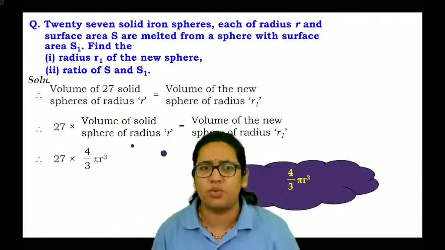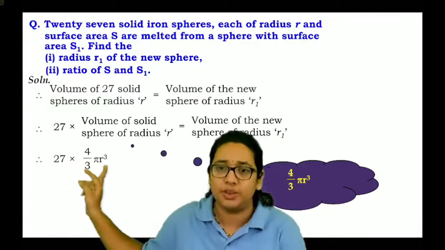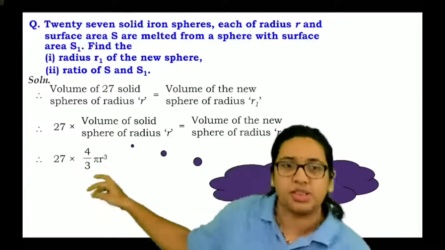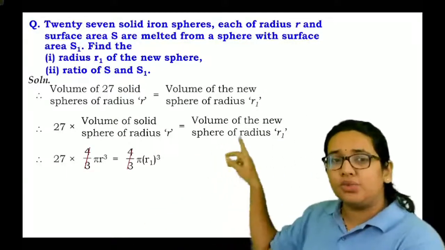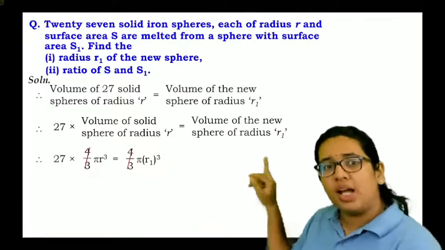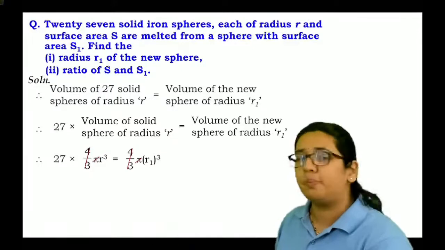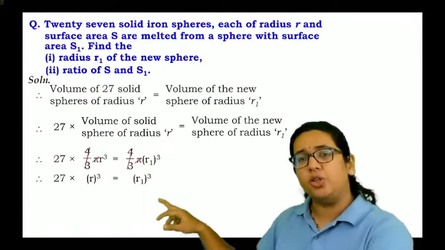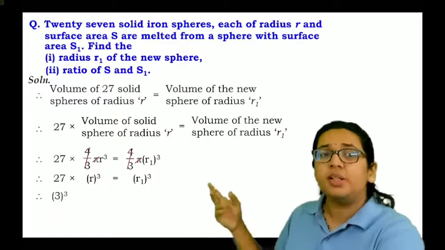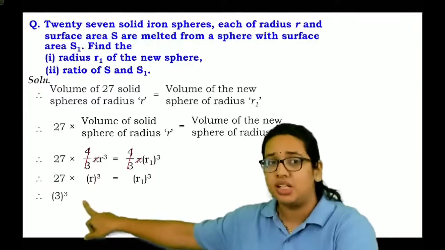But we know that volume of a sphere is nothing but 4 upon 3 pi r cube. Hence, 27 into 4 upon 3 pi r cube is same as 4 upon 3 times pi into r1 cube. So 4 by 3, 4 by 3 will get cancelled, pi will get cancelled, and you will get 27 into r cube as r1 bracket cube. But we know that 27 is nothing but 3 cube.